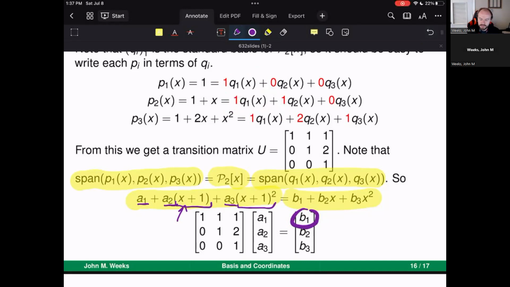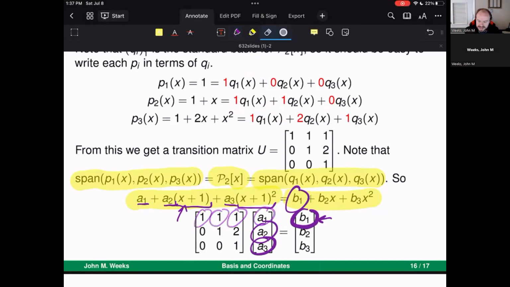So as we go through and multiply, 1 times A1 plus 1 times A2 plus 1 times A3, we get something that is equal to B1, the constant term. This is another way that we can verify that we have the right transition matrix here. We shouldn't be taking an inverse or anything like that. This is actually what we need.